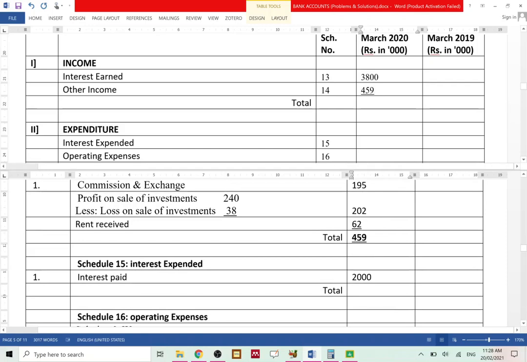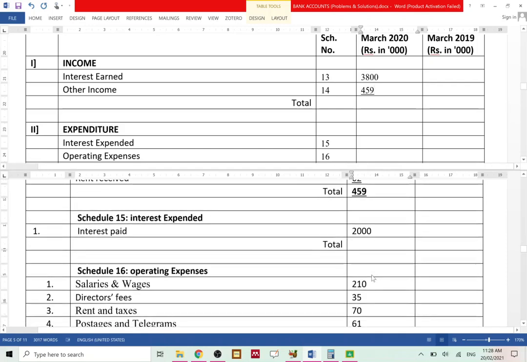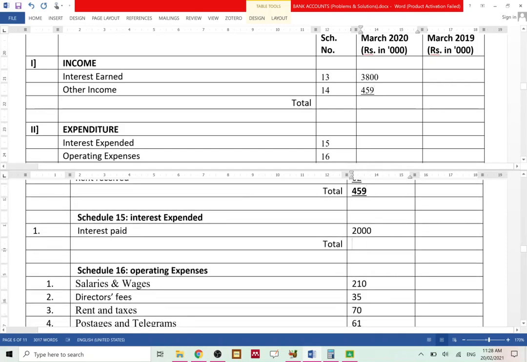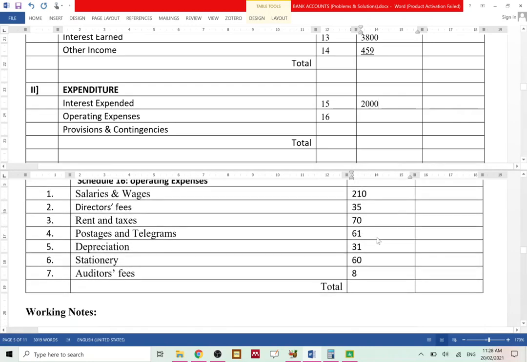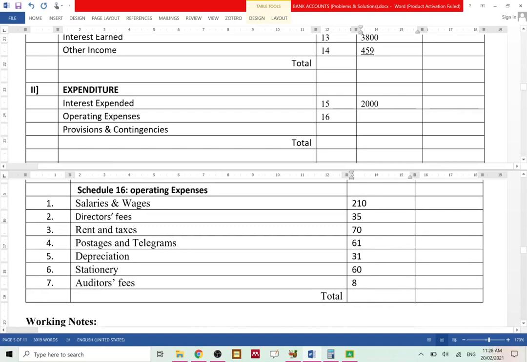These totals we will come back to later. We'll just transfer the amounts as we get them here. Interest paid, next schedule is 2000, same amount, let's transfer here. Interest expended total is 2000 under schedule 15. Then schedule 16, operating expenses, total of all of these is 475, and operating expenses that we put up in the profit and loss is also 475. We transfer those amounts there.